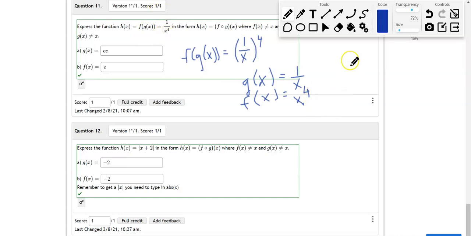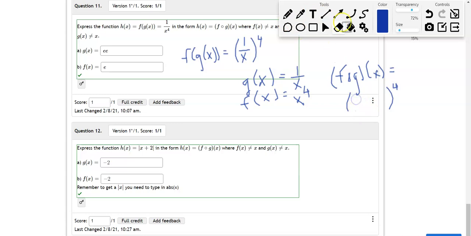All right, so let's just check. F composed with g. I know my writing kind of sucks here. So remember, when we were doing these, we took f, which is x to the fourth, and we put parentheses where the x is. See if it'll let me erase that.